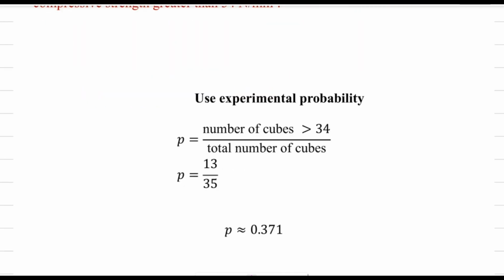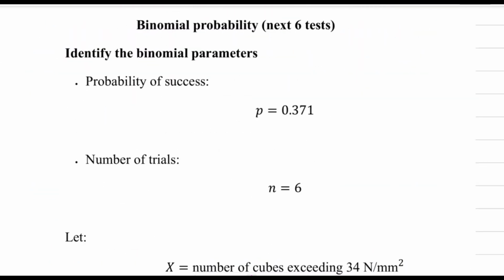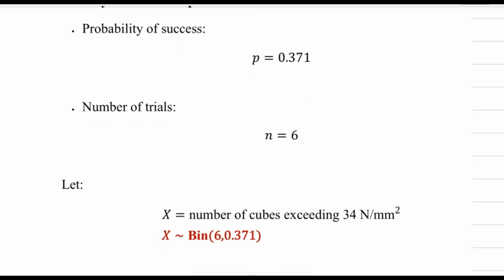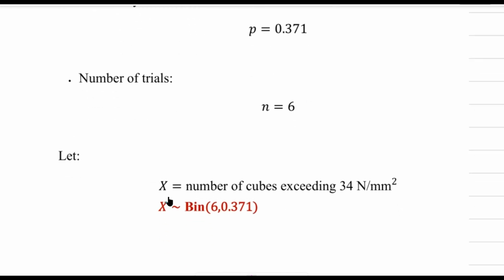This is called the number of trials, which means n equals 6. We have the probability p. To write the binomial parameters, we say X follows a binomial distribution, and we write n and then p in brackets. This is the way we express the parameters we are going to use in order to calculate the binomial distribution.